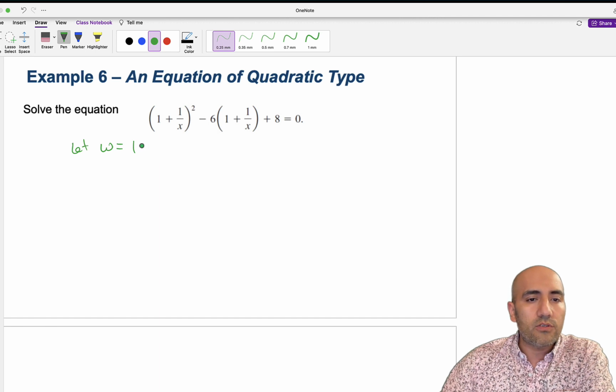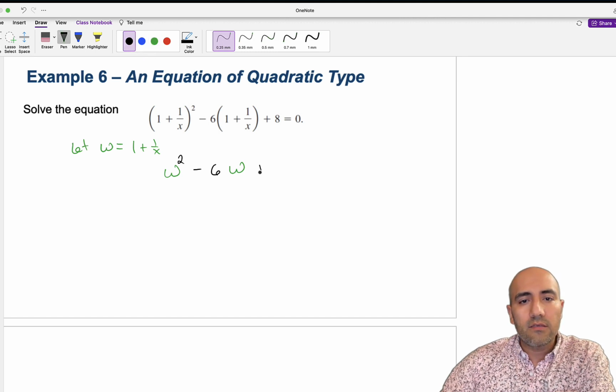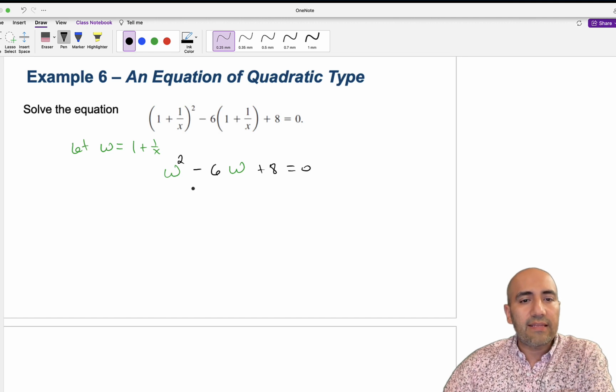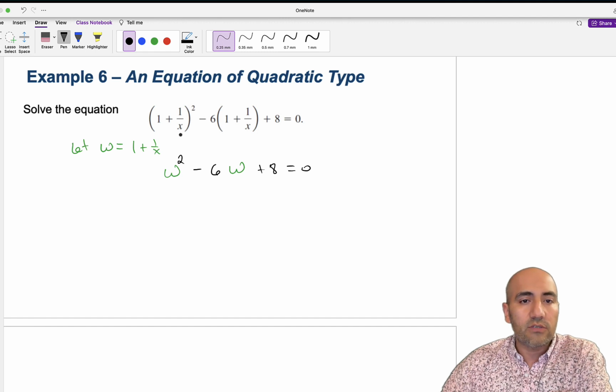So let W equal 1 plus 1 over x, and now I'm going to replace each of those values with W. So I'll end up with W squared minus 6 copies of W plus 8 equals 0. Okay, so now that's a quadratic in disguise there. We can simplify that, get an answer for W, and then once we have a value for W, we can go back over here, replace W with the value of 1 plus 1 over x, and solve for the indicated value, which was actually x.